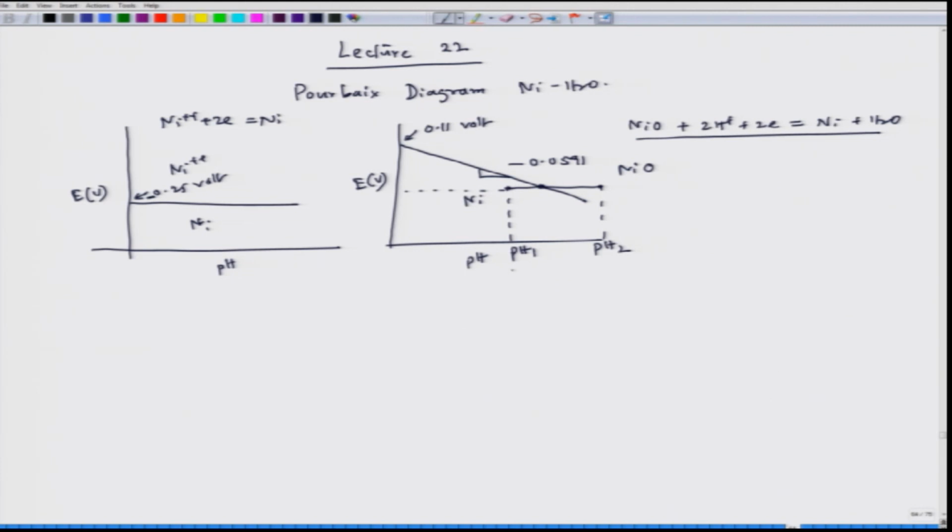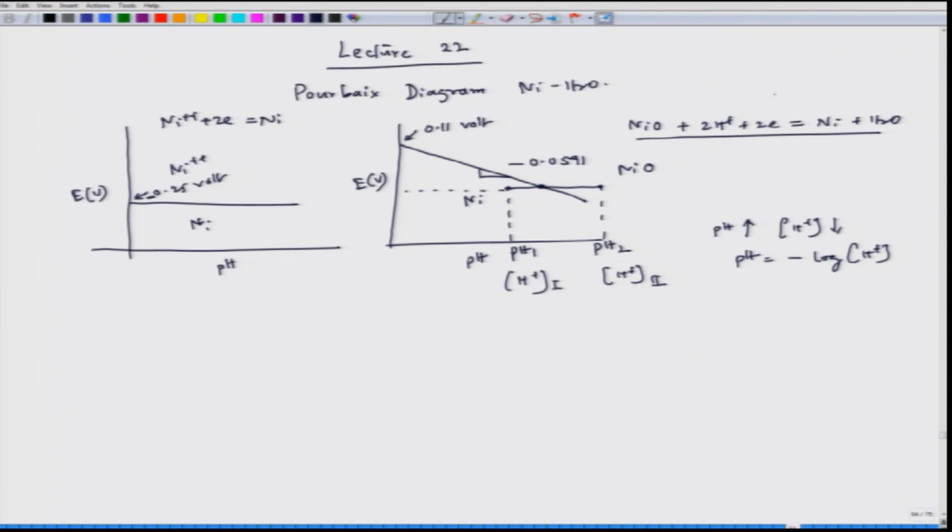The pH 1 hydrogen ion concentration is, let us say 1 and here H plus 2. Now, if we increase pH, concentration of H plus ion decreases, since pH is equal to negative log of H plus ion concentration.